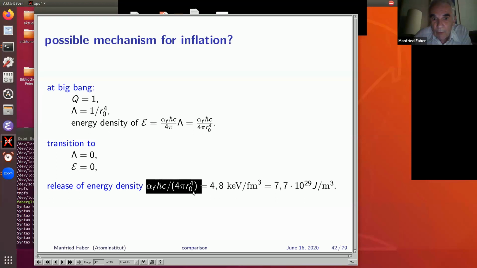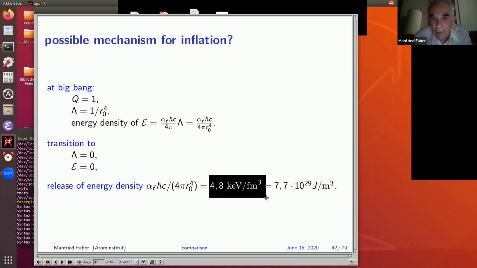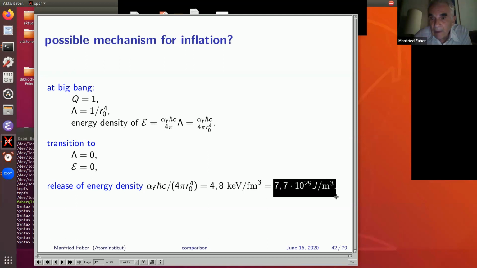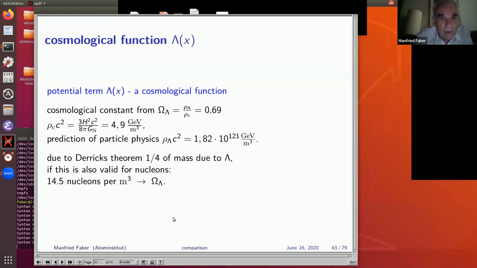R0 was 2.2 Fermi roughly, and this gives you 4.8 keV per Fermi cubed, or 7.7 times 10 to the 29 joule per cubic meter as energy density released in this inflation. So this is one mechanism which you can have.